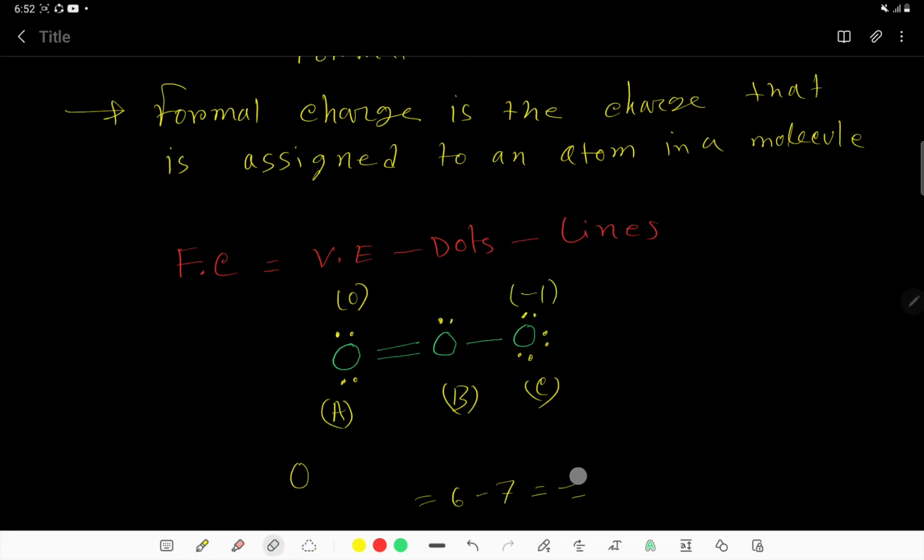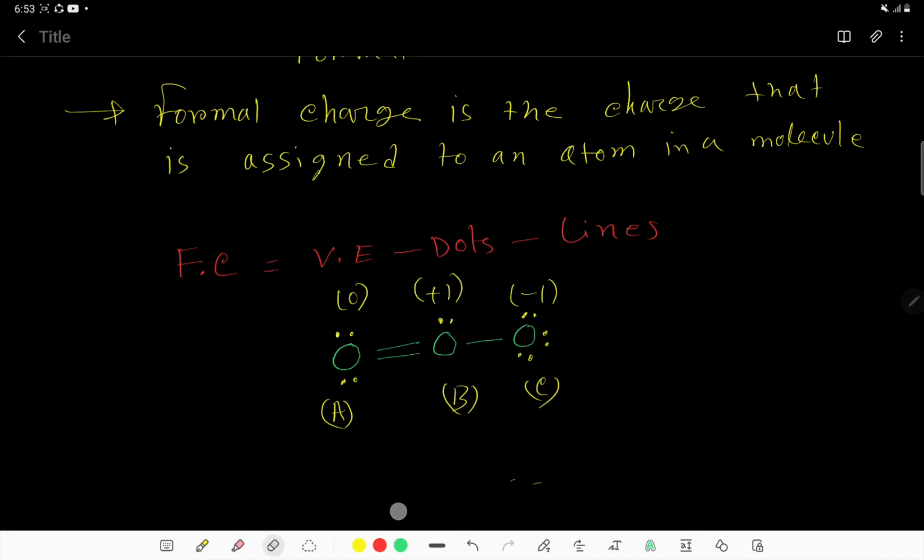Now let us find the formal charge for oxygen B. Valence electrons of oxygen is 6, minus dots here 2, minus lines attached to this oxygen 3. So we get 6 minus 5, that is plus 1. The formal charge for this oxygen is plus 1, right?